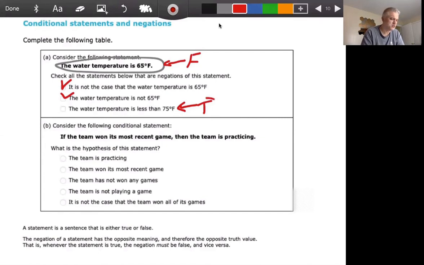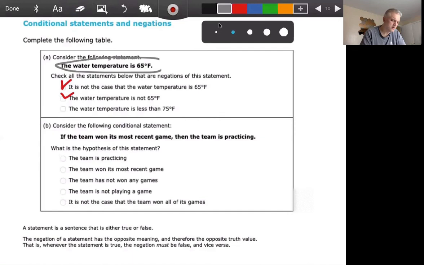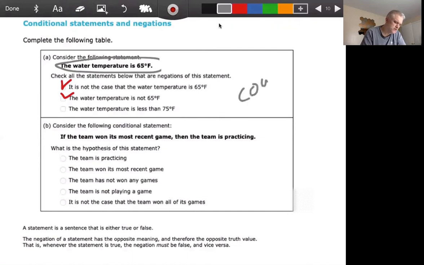So let's say this is true, but if it's 65 degrees, the original is not false. There's my counterexample. I know immediately that that is not a negation, because it's not always going to make the original statement false.